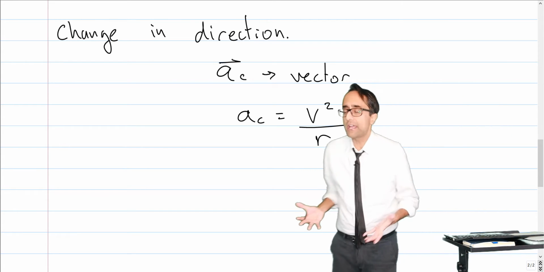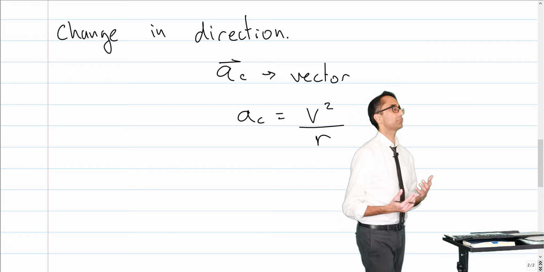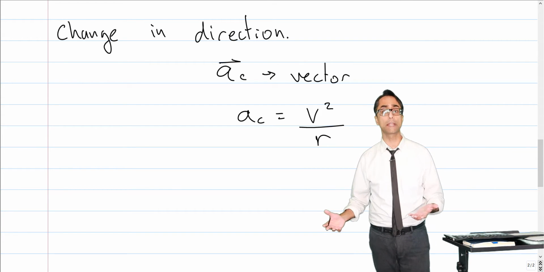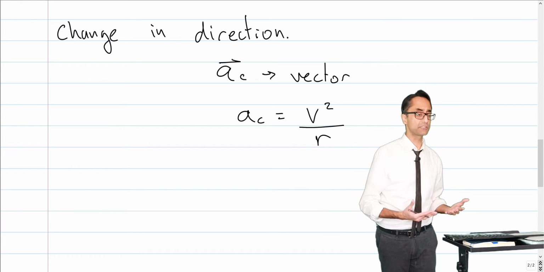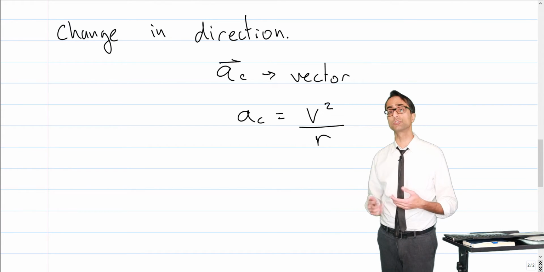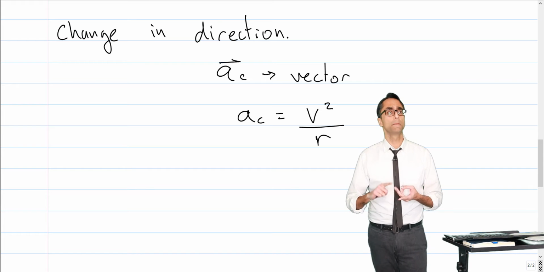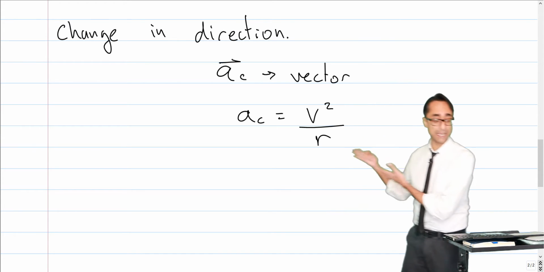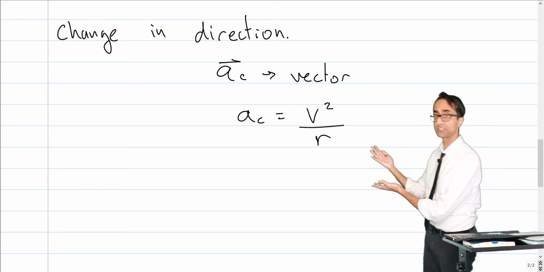How do we actually use that centripetal acceleration? Well, it's actually quite easy when it comes to uniform circular motion, which is what we're talking about so far. In uniform circular motion, we have a constant speed. We have no regular acceleration. We have this type of acceleration, a centripetal acceleration.